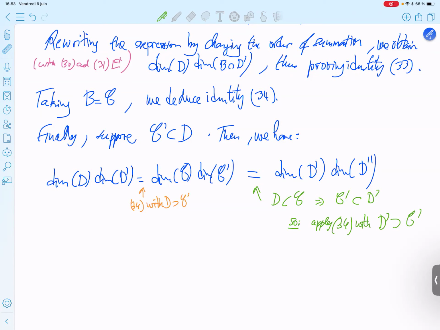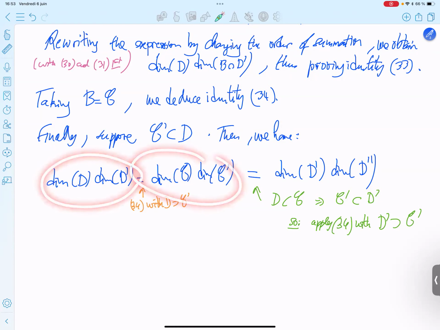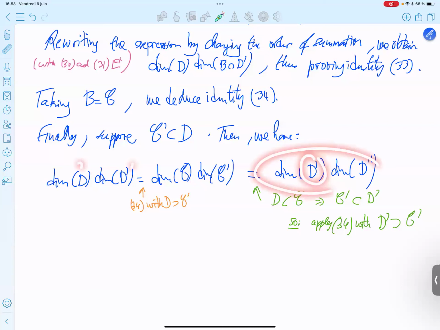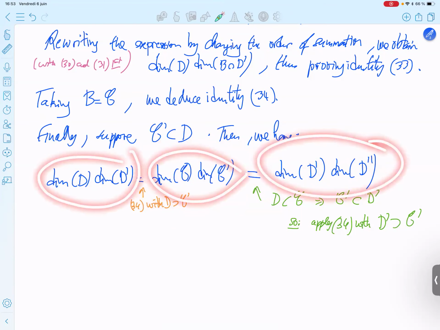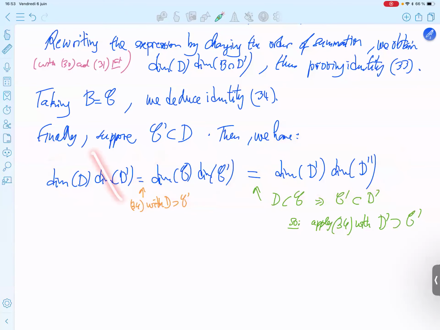Okay, so you get exactly this equal this, but with D prime, so prime, double prime. So you get this. So by going through C dimension, C centralizer, you deduce that this is equal to this. You can simplify by that because they are non-zero. You get this is equal to this.